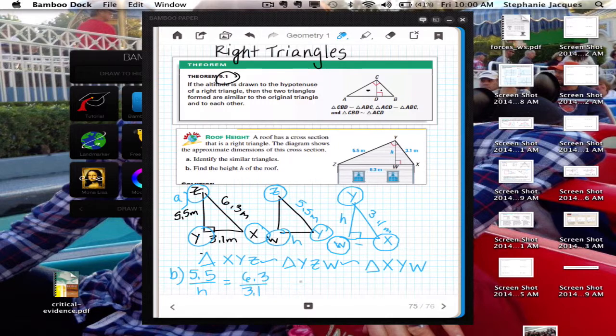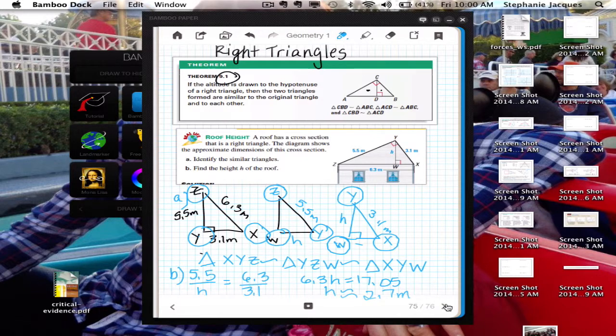When I multiply that out, it'll give me 6.3h equals, and 5.5 times 3.1 is 17.05. And when I divide it out, it gives me approximately, because I'll have to round, 2.7 meters. So that's how you find the missing height.